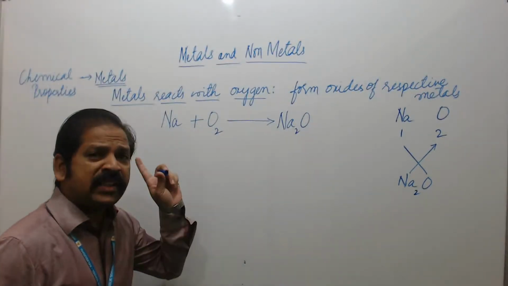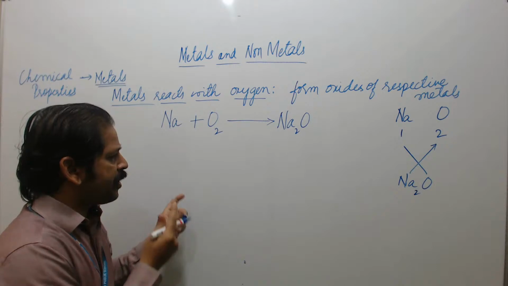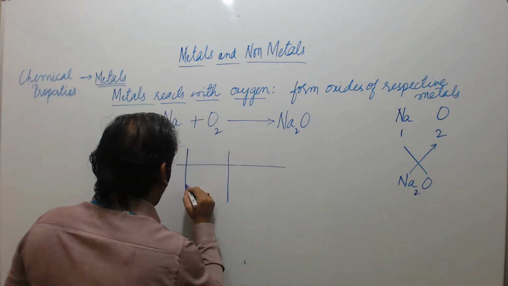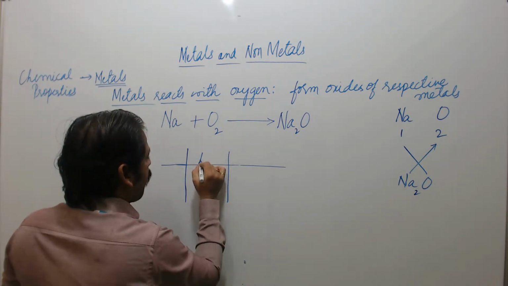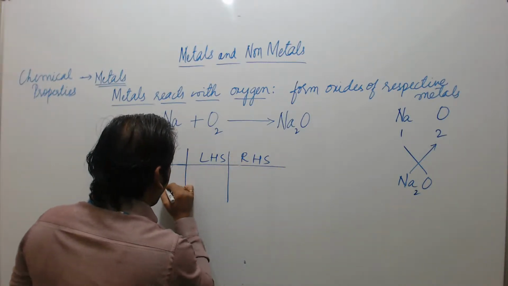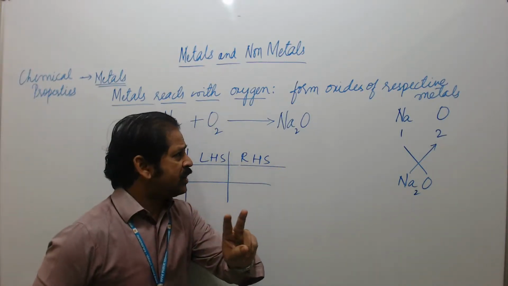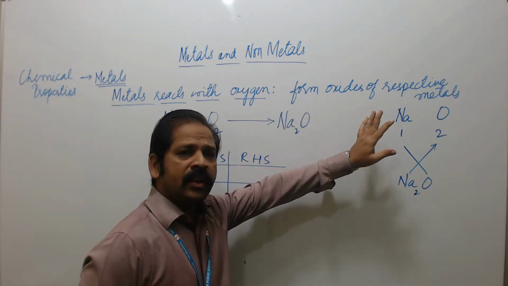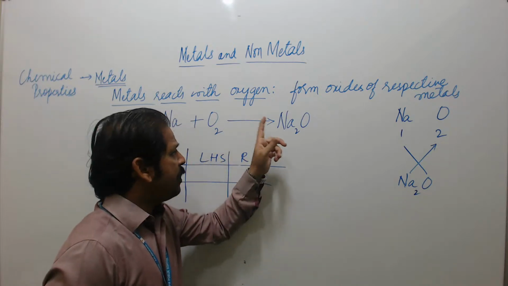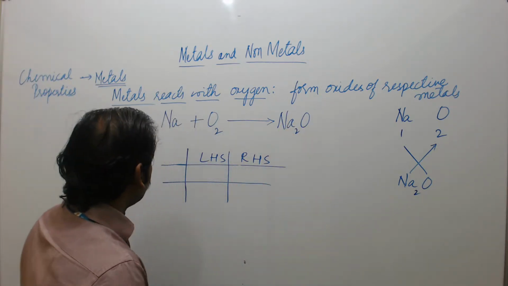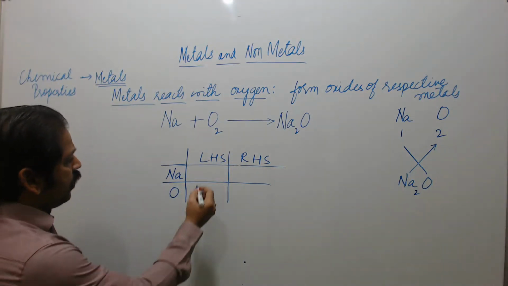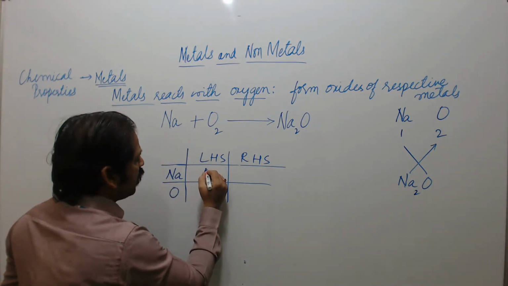Yes, we have to balance this equation. We have two elements on the left part and the right part of the chemical reaction. That is, two elements are in the reactant, two elements are in the product, sodium and oxygen. Sodium on the LHS, left-hand side, is only one.